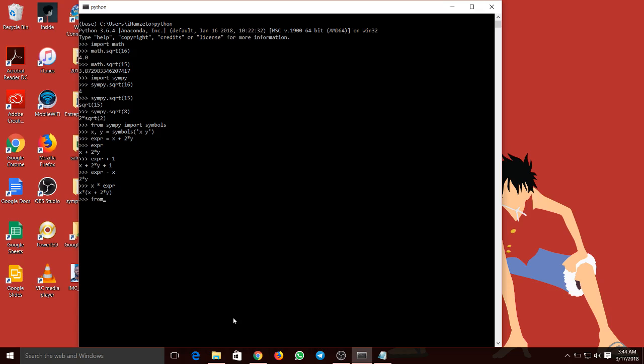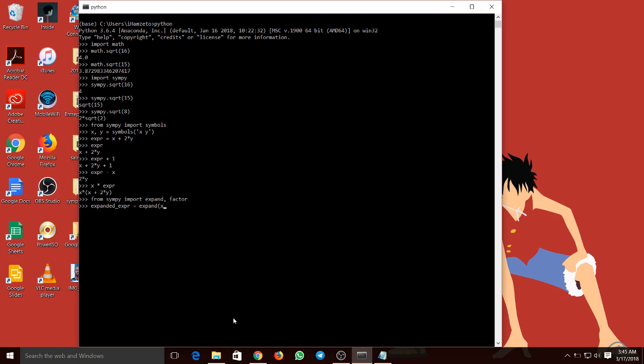From Sympy import expand, because we're trying to expand our calculation.